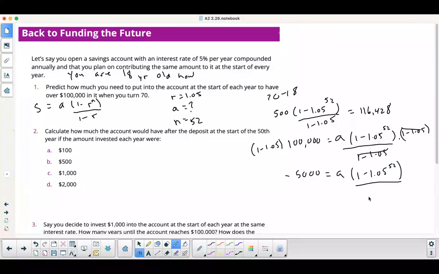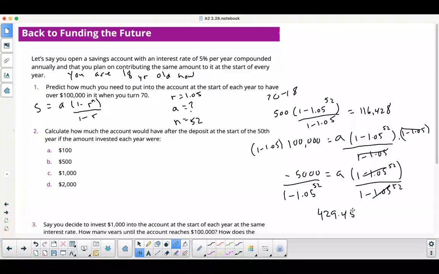So if I just divide by this, that should give me the actual exact amount. Make sure you put in parentheses in your calculator when you divide by 1 minus 1.05 to the 52, so that it does it properly. And I got 429.